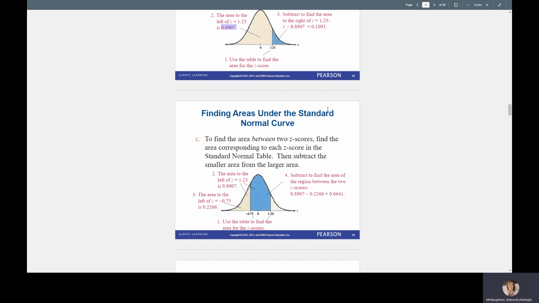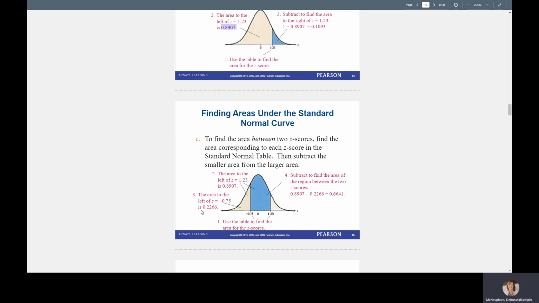And then to find the area in between two of them, we already have the area less than 1.23, and that's 0.8907. So this part plus this part plus this part is 0.8907. And then I can look up in the table, what's the area to the left of negative 0.75?